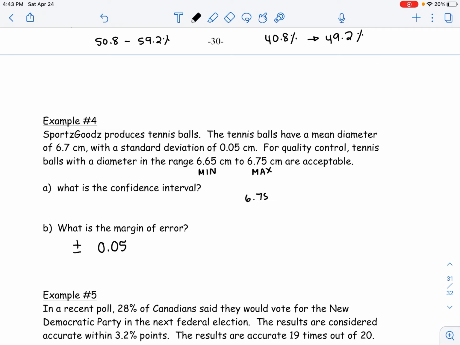So we take 6.75 and subtract the margin of error, 0.05, to see what our average is, just to confirm. 6.75 minus 0.05 gives us 6.7, which we know is the mean diameter, so that's good. Remember, our confidence level is like our average, which is 6.7, and then we go plus minus our margin of error, 0.05.